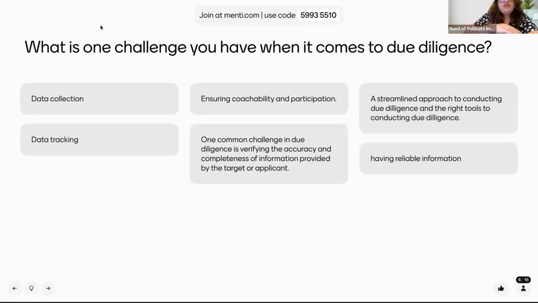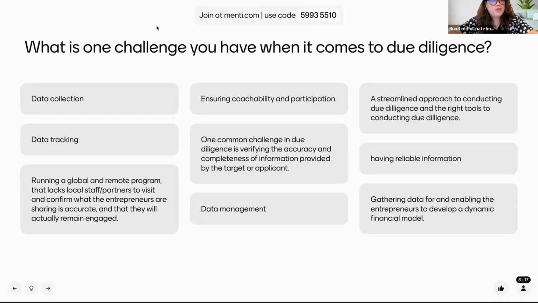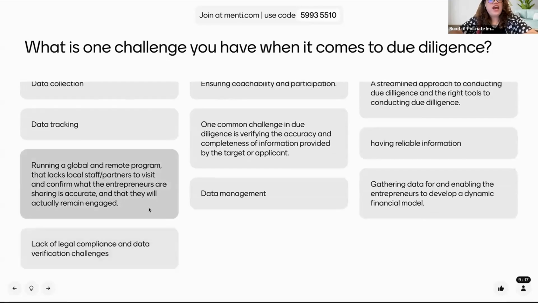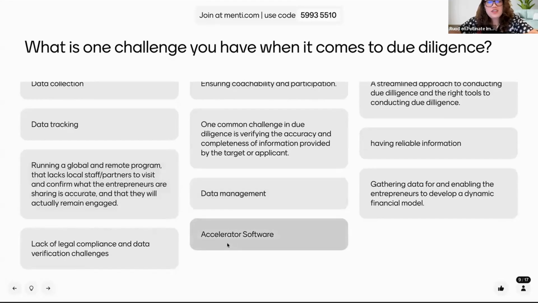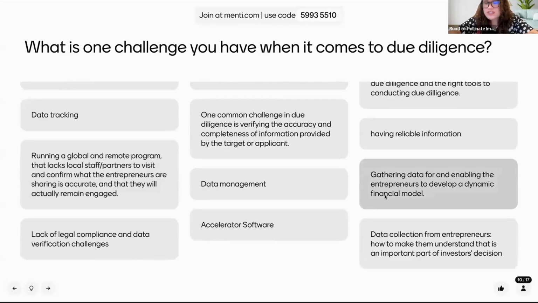Verifying the accuracy and completeness of information provided. That's definitely a good point, having reliable information. Running a global and remote program that lacks local staff to visit and confirm. So the accuracy of data is definitely a challenge for a lot. Software or data management also, legal compliance and data verification, data collection from entrepreneurs.